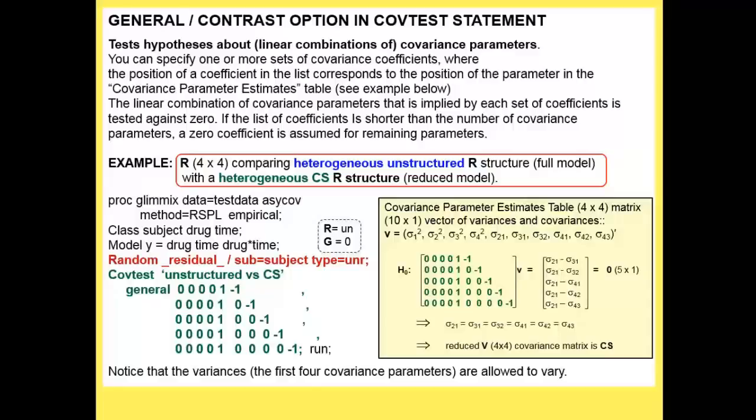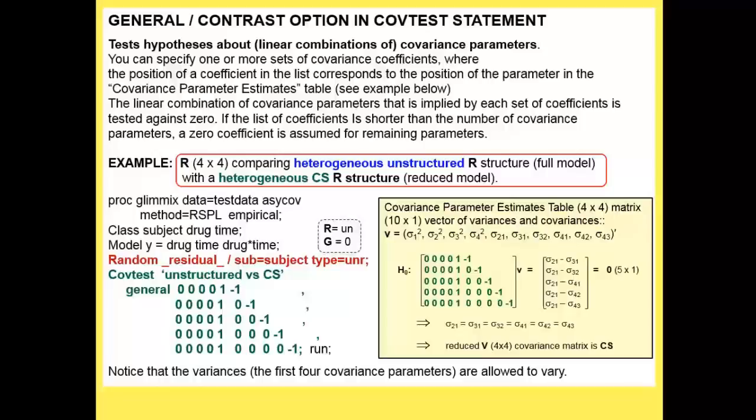This particular example on this slide illustrates what happens if you start out with an R matrix that's unstructured, and you want to test whether it's okay to conclude that the R matrix is compound symmetric.